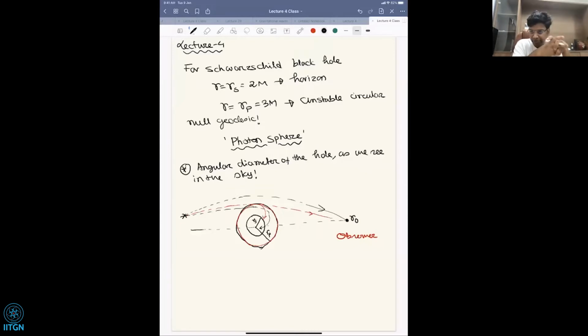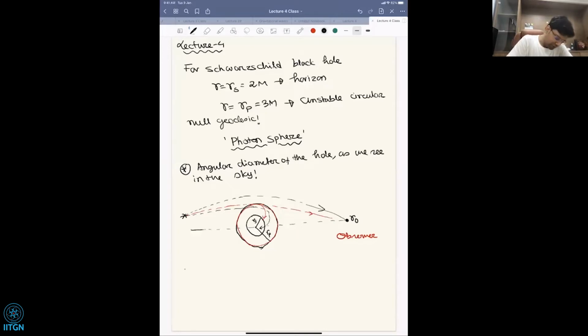I suggest you look at Chandrasekhar's book, The Mathematical Theory of Black Holes, where there is a very interesting construction using what are called celestial coordinates, the projection coordinates in the sky. That is a little bit rigorous, so maybe you want to look at that also. But then I discussed with one of my colleagues, Rajesh, and he told me that it may be better to use this approach. It is simpler. So that's why I'm using this. Okay, good.